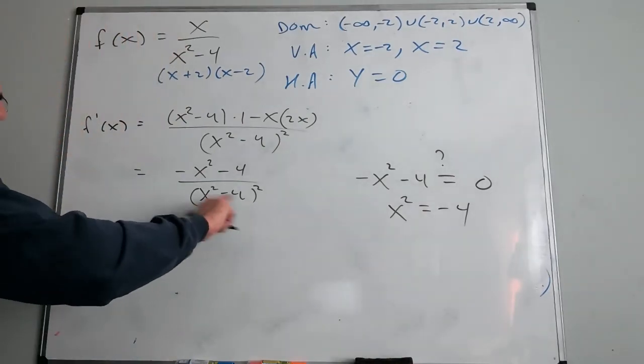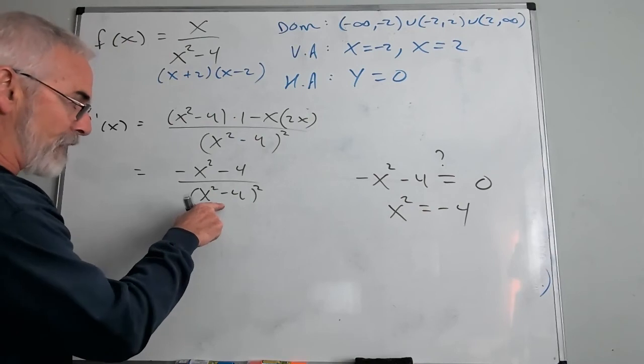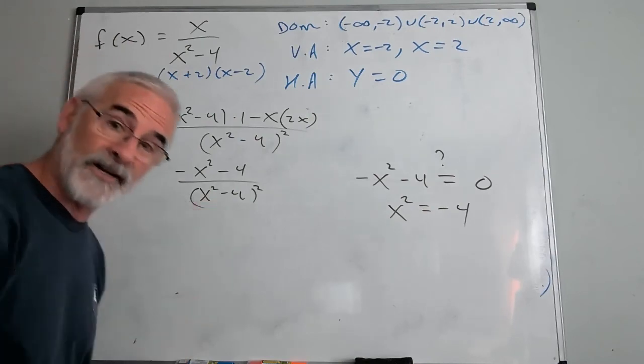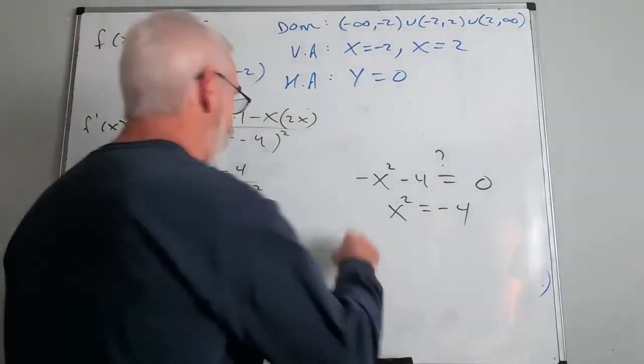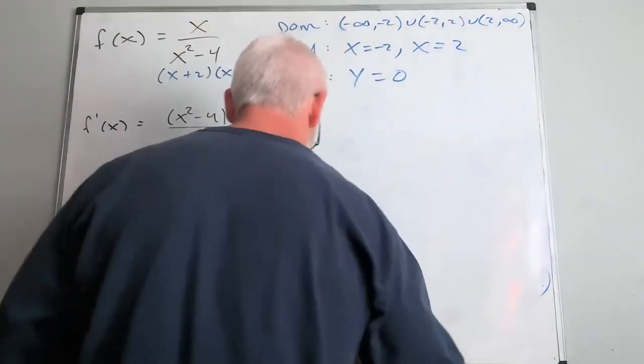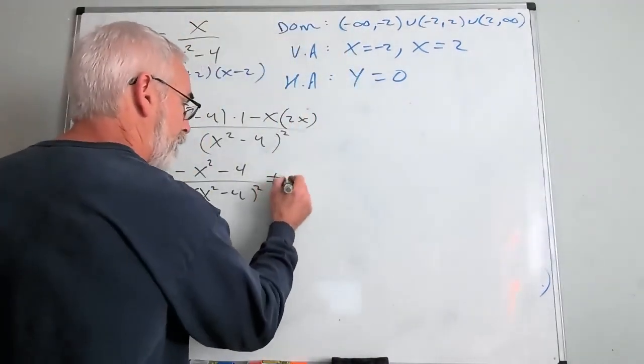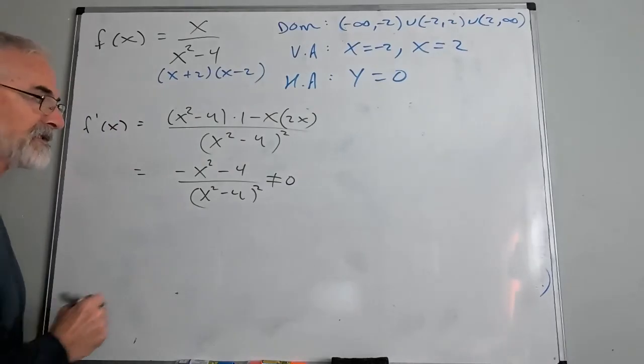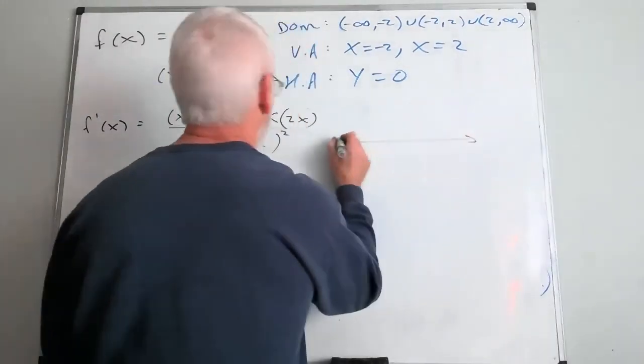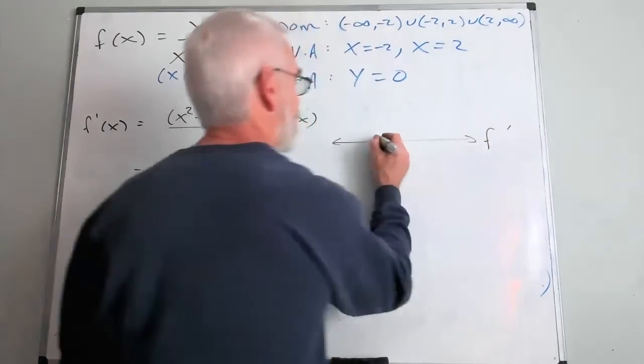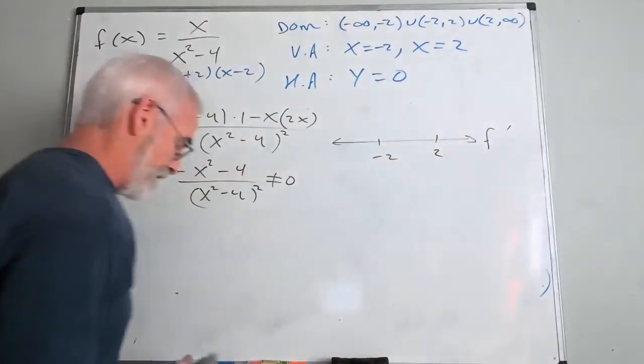But I do have places where I still can change because my denominator is equal 0 in a couple of places. So although this is not equal to 0, and I'll actually state that this is not equal to 0 ever. There is no x value that this ever equals 0. I still want to make my f prime number line, and it's going to have -2 and 2.